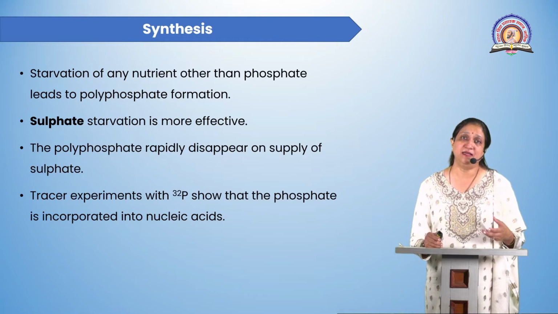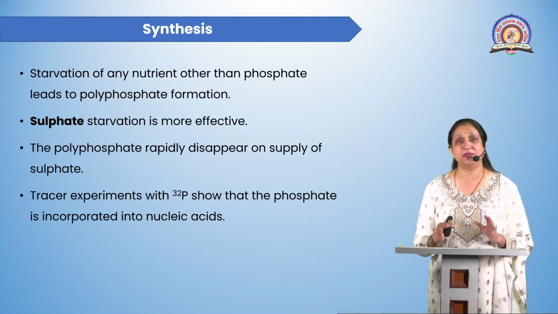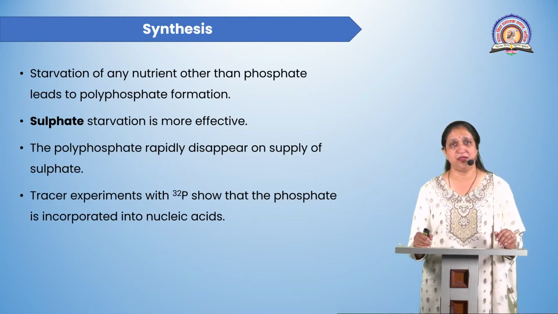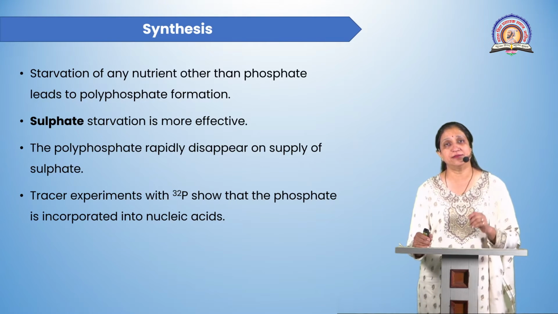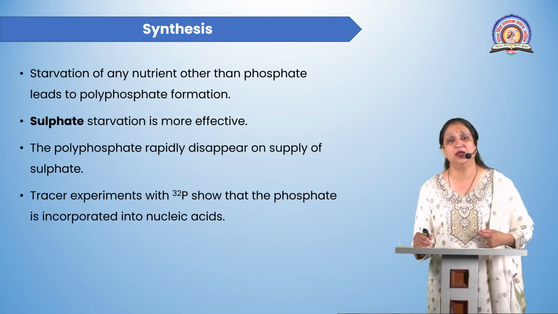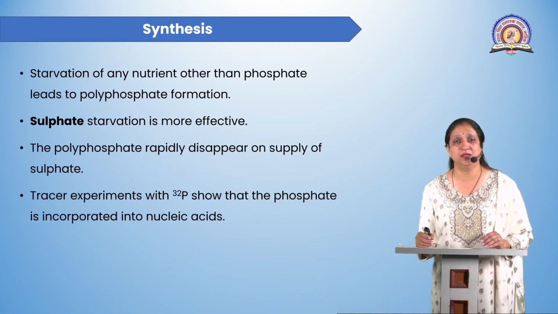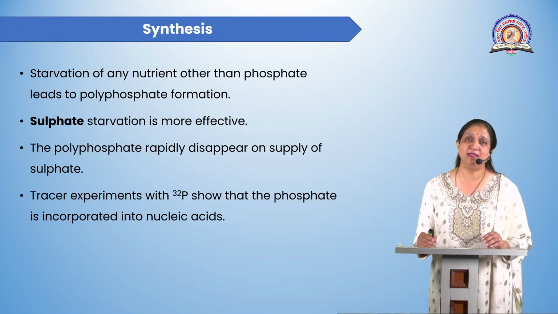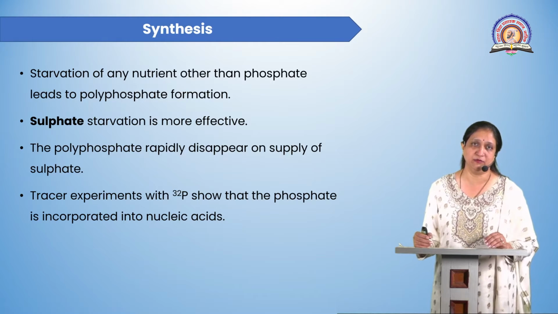Experiments have been done to see what happens to the phosphate that is present in the metachromatic granules. Right? And therefore, the phosphates that were introduced in the structure of the metachromatic granules were labeled with radioisotopes, that is 32P was used in the experiments, and this 32P was incorporated into the metachromatic granules.